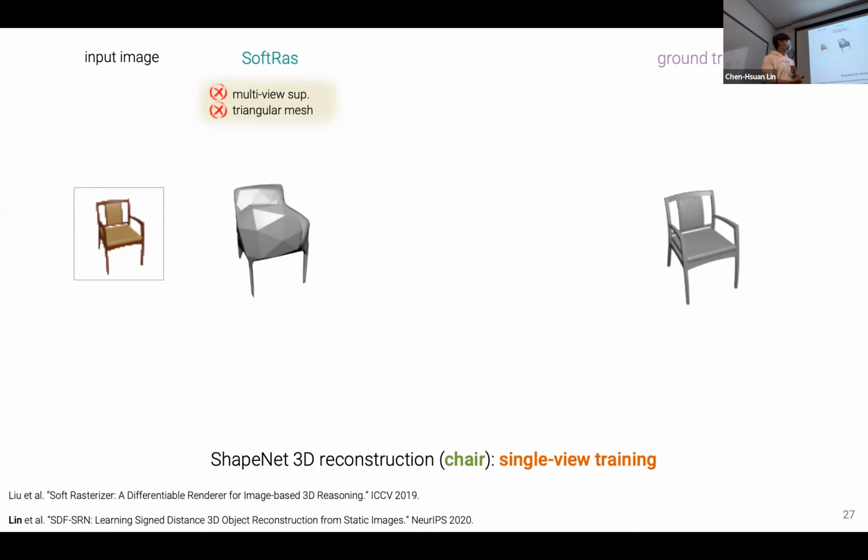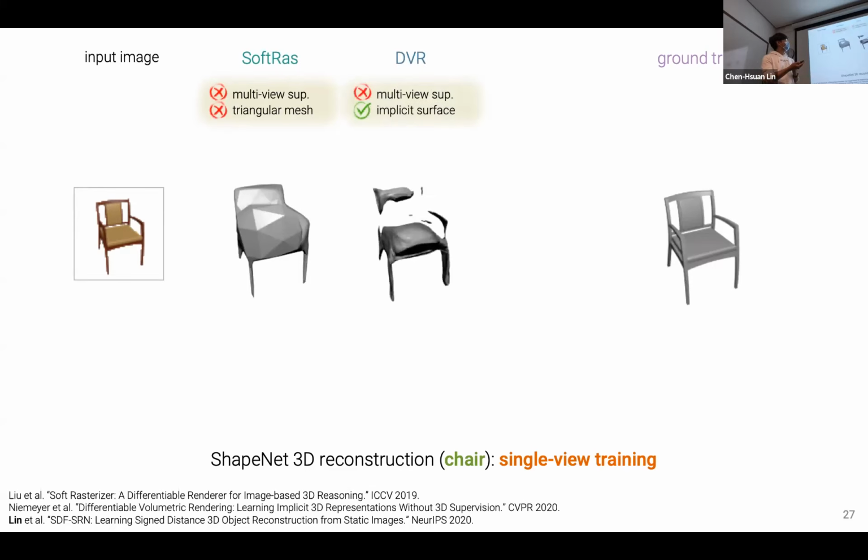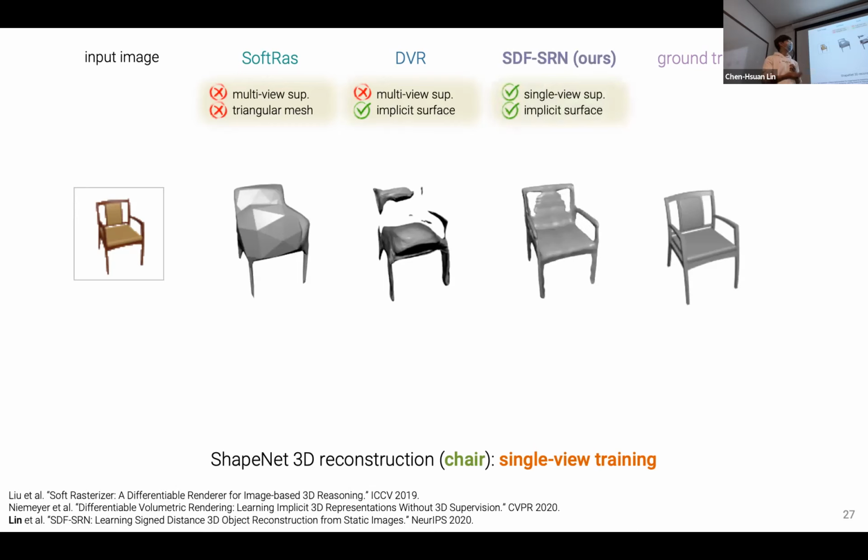So this is our first baseline. We also have another baseline that also relies on multi-view supervision called differentiable volumetric rendering, but it tries to reconstruct implicit surfaces instead. And then we have our method called SDF-SRN, which can learn from single view supervision using implicit surfaces. And we only consider the case where we use only single view supervision in the training set here.